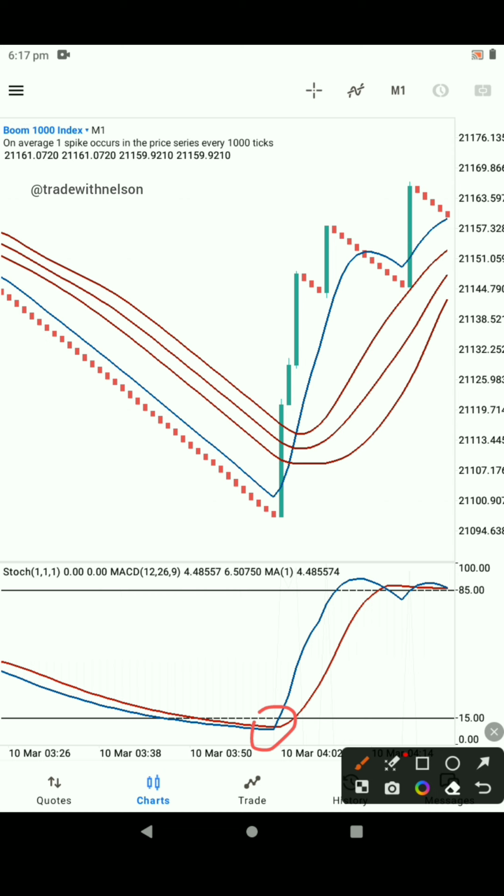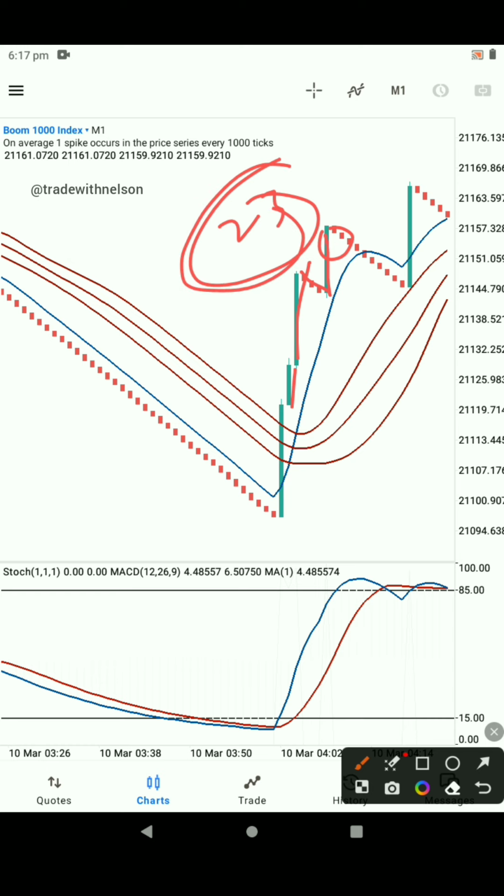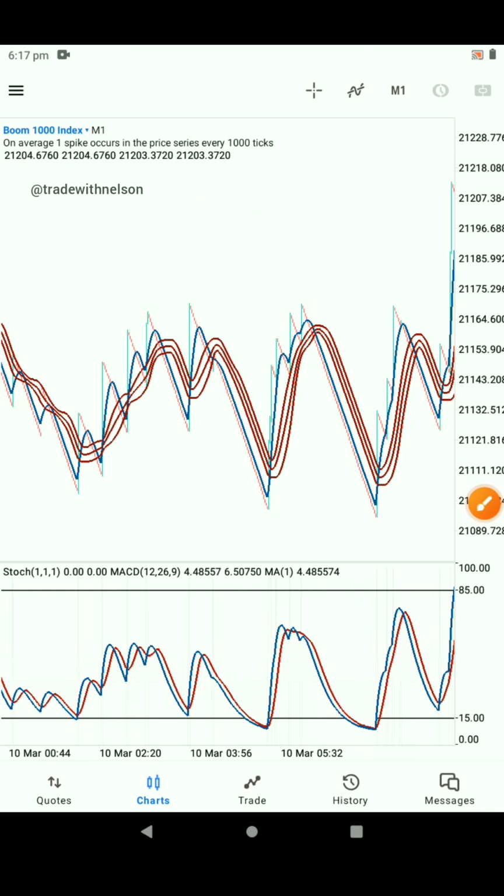So you see over here, the market retraces into the 15 level. Then we have a spike to the upside that breaks the Bollinger Band and the moving average. You will enter a buy here. Immediately you see the spike, you put your stop loss below this low. Then you catch 2 or 3 spikes. So you see 1, 2, and you can also wait for this one. Once you have that, you close your trade. That is the way you can easily catch spikes with this strategy.